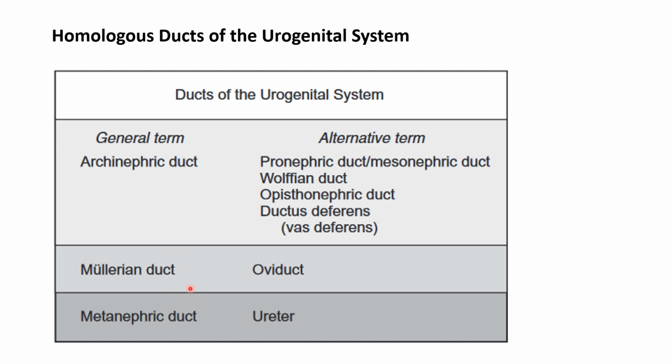A bit less confusing is the nomenclature for the female genital ducts. The Mullerian duct is that embryonic structure that gives rise to the oviducts. In amniotes, which have metanephric kidneys, the metanephric duct is used to designate it. In mammals, this is synonymous with the ureter.